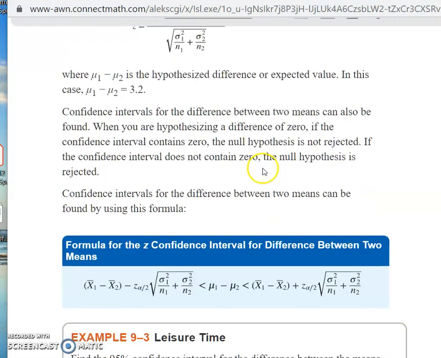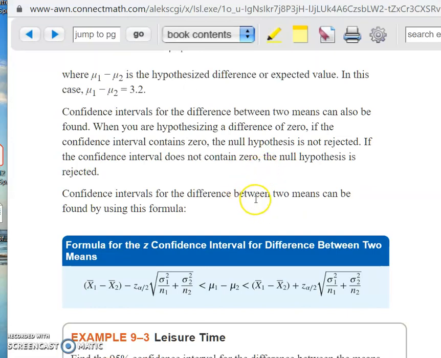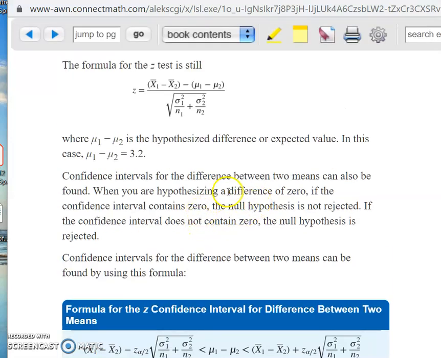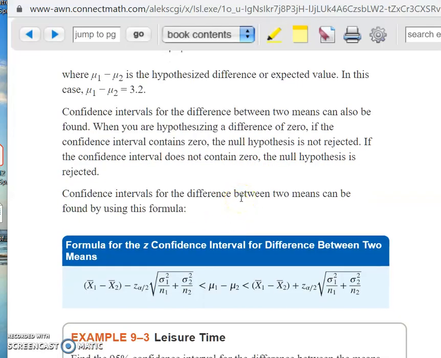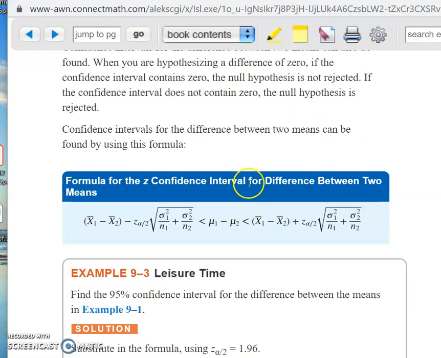Okay, so now there's another way of thinking about all this stuff, and that is the so-called confidence interval. You remember we talked about confidence intervals before, and for a confidence interval, if we know the standard deviation and the variance of the population, we'll use the z distribution for the confidence interval if we're talking about means.